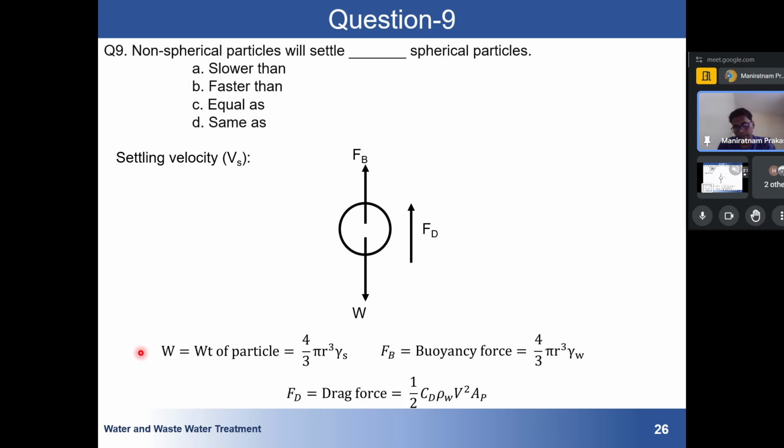The weight of the particle is given by volume times density of solid, and buoyancy force is given by volume times density of the water, and then there is the drag force.